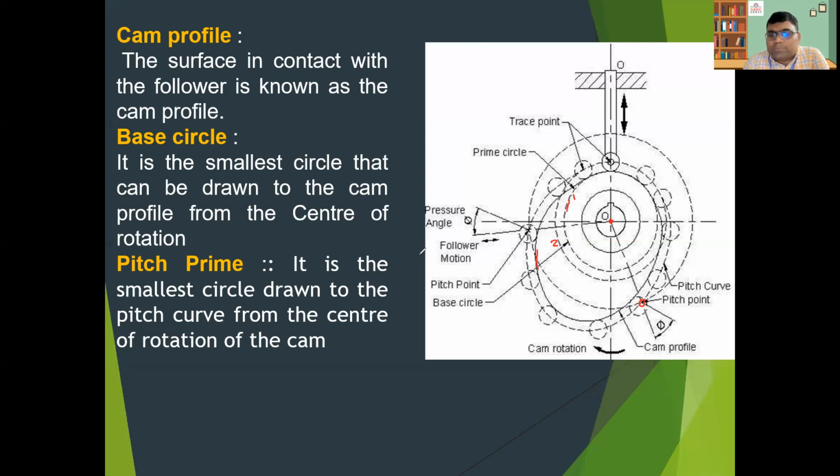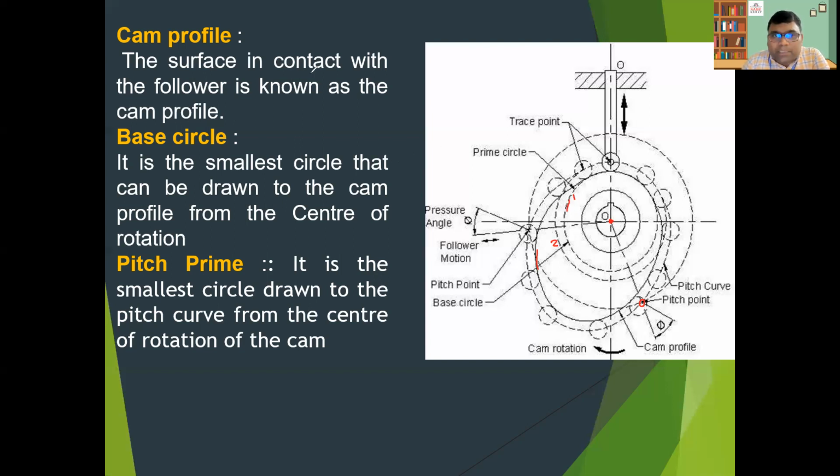Some other important things are also there, like the pressure angle, and we already discussed the pitch point. So let's discuss one by one how these important elements of the cam and follower mechanism can be defined.